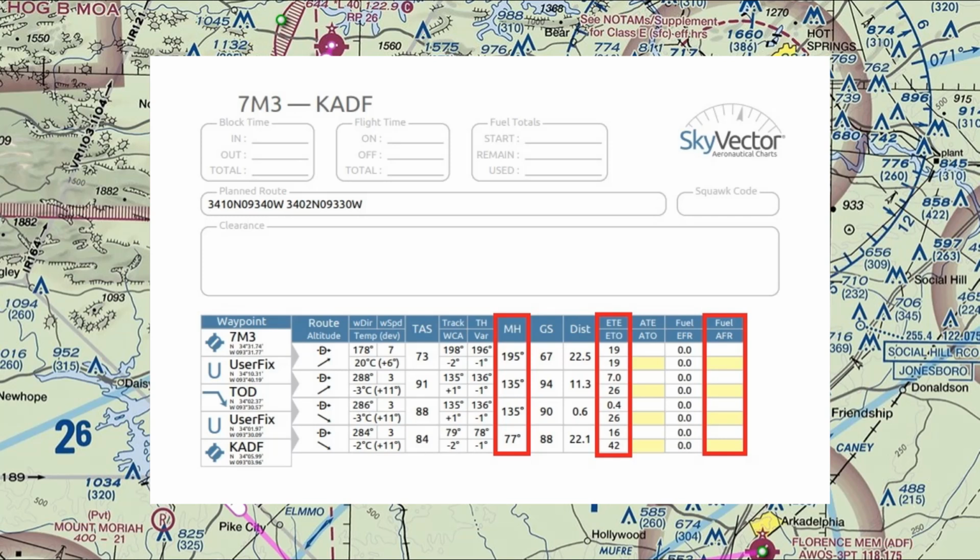So once we head over a waypoint, we'll note down the time. We'll then add on the estimated time en route to get the expected arrival time at the next waypoint. And finally the fuel. We'll write in the top of the column the amount of fuel in minutes on board that we have on the aircraft, and then we'll update this figure as we pass over each waypoint. We'll discuss more about all of these things once we actually fly the lesson.